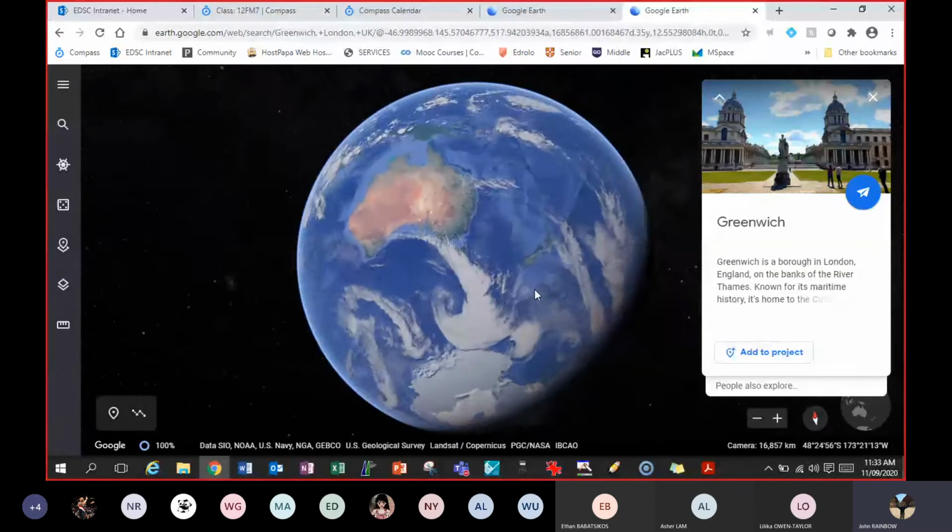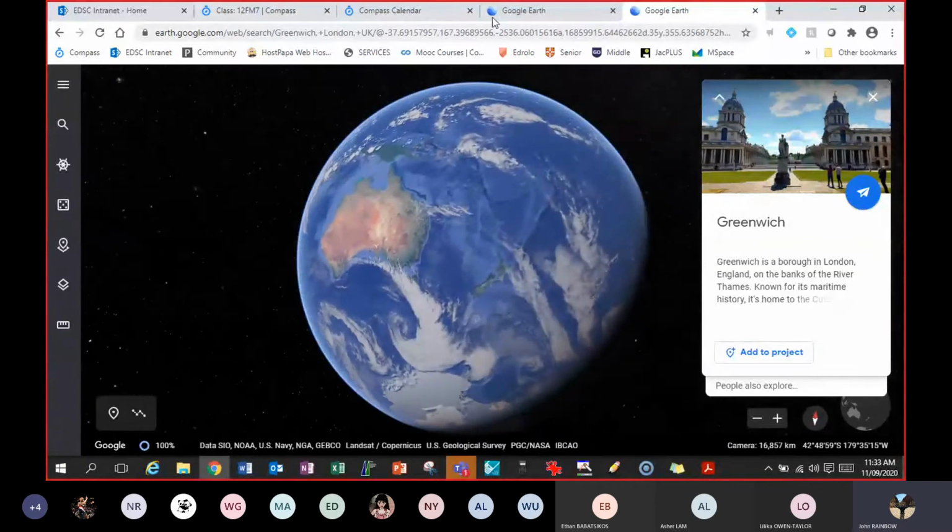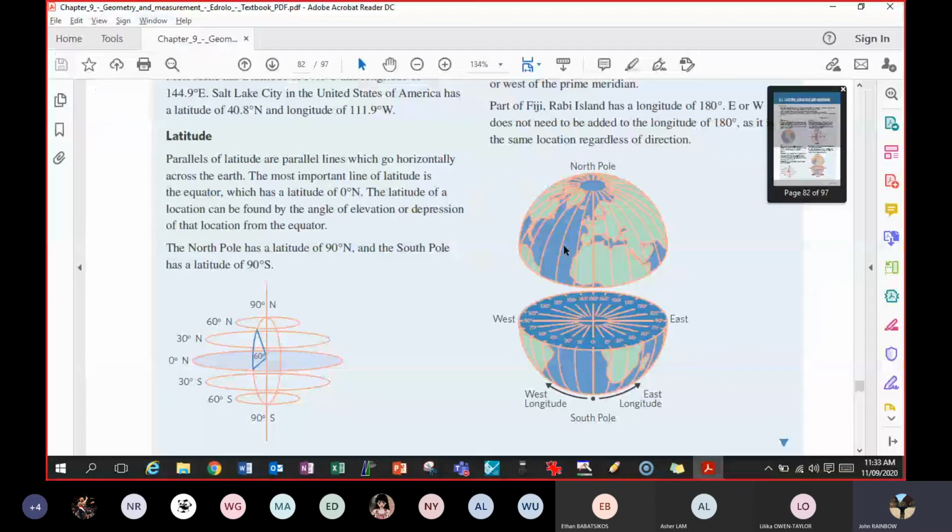Cool. There are some more videos that you can have a look at, but latitudinal lines give us the direction of how far up or down we've gone. 0 is around the equator. Longitudinal lines give us the direction of how far east or west.